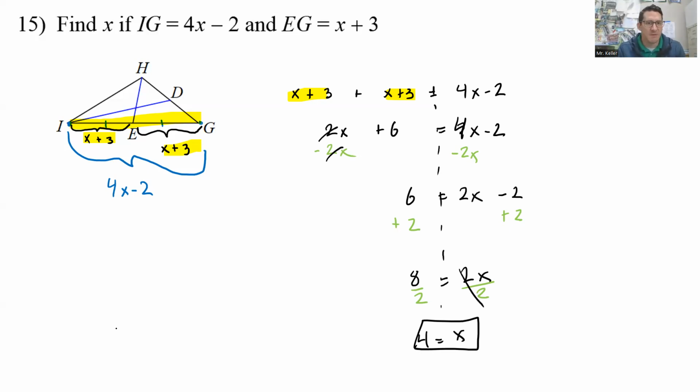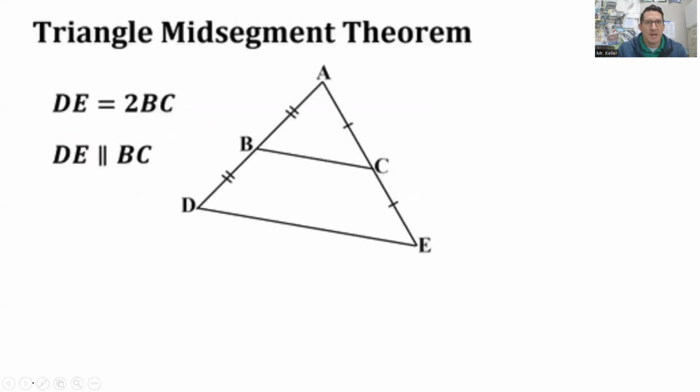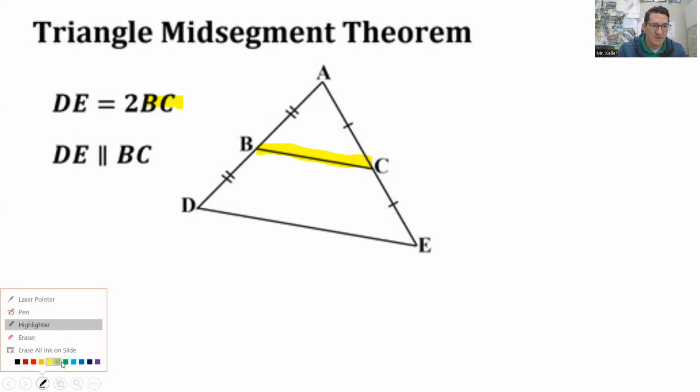Yeah, floppy handwriting. Anyway, so now the mid segment. So we dealt with mid segments with trapezoids, and it's kind of similar. The relationship here is this: BC, from B to C, is half as big as from D to E, this segment.